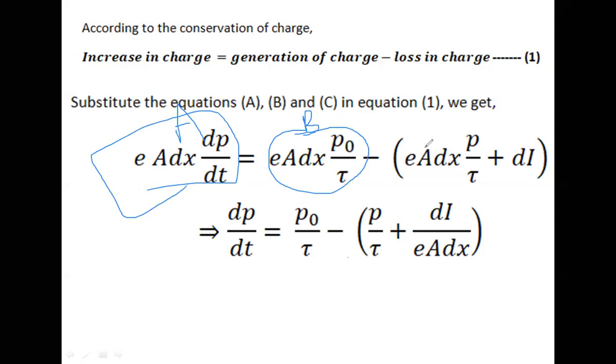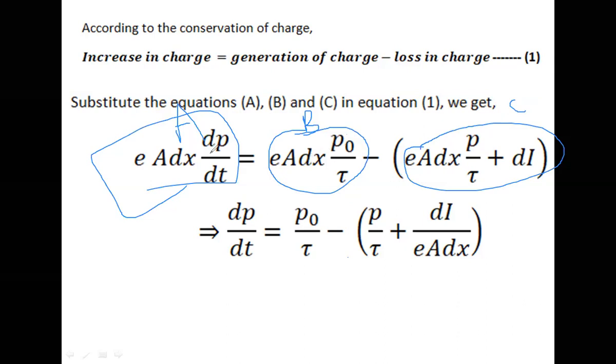The loss in charge is given by this entire expression because of recombination and transportation. This we have considered as equation number C.